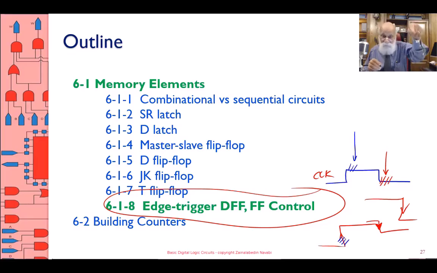It appearing on the output happens on the second part of the rising edge, or falling edge, or if we are talking about falling edge, this is when the output is affected, and this is when the input is collected, or is observed, or is collected into some structure of the flip-flop. And therefore, edge trigger flip-flops are faster than master-slave.